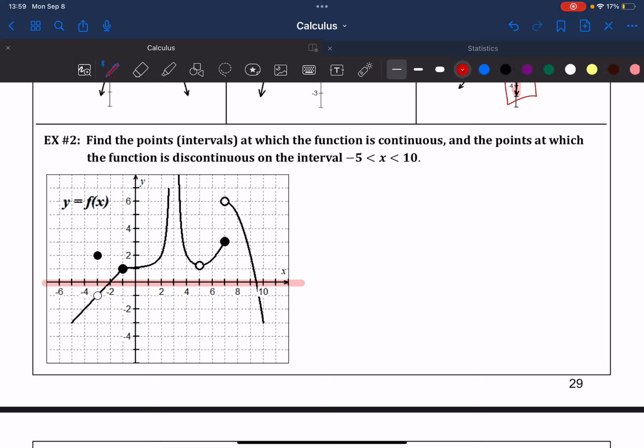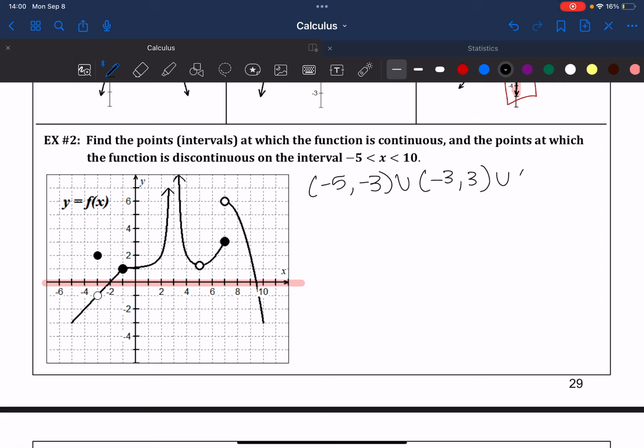So starting at -5, I have -5 to -3. There's a hole, so I'm going to do union, -3 to 3. There's a jump here or an infinite discontinuity because we're assuming those are arrows there.